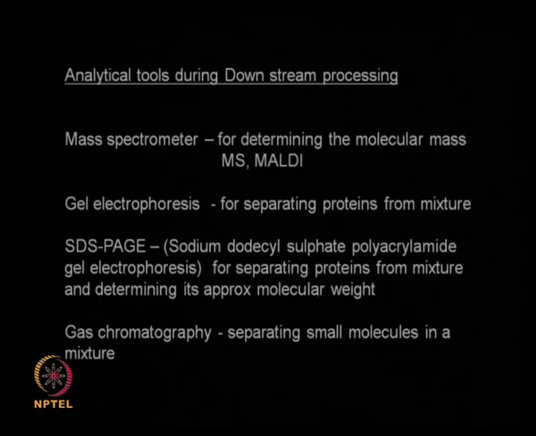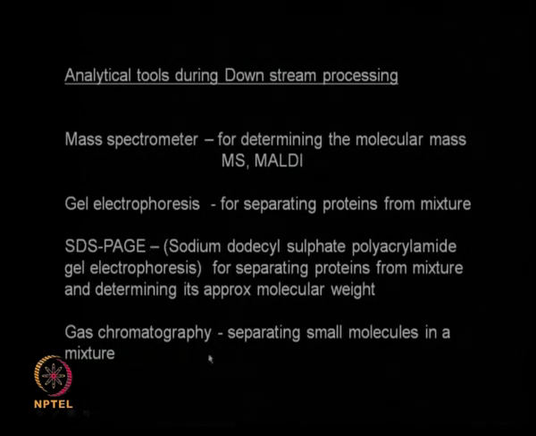We can use a molecular weight marker and then tell the molecular weight of various components present in my protein mixture. It is a very good technique, and if you go to any biochemistry lab, you will find an SDS PAGE unit there. So, SDS PAGE is a very important instrumental technique in downstream operations.